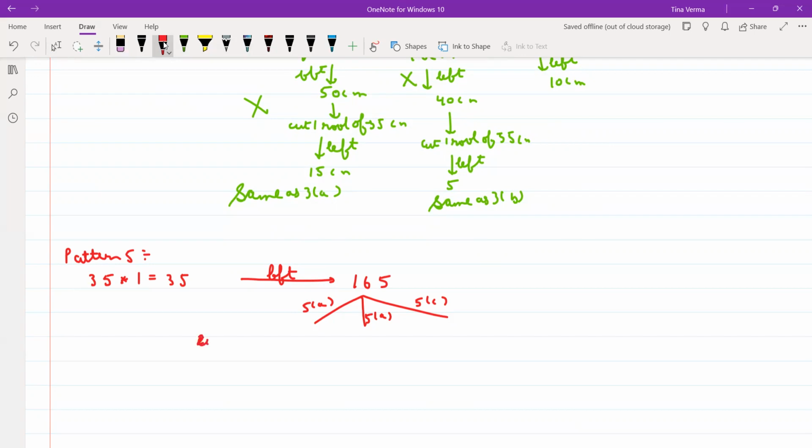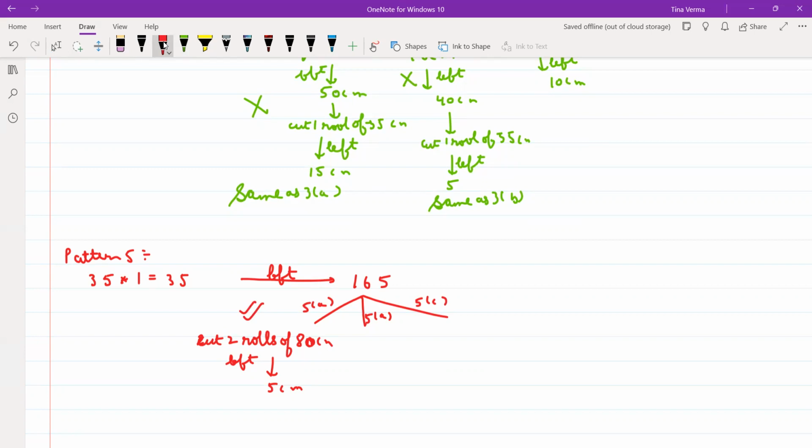So cut 2 rolls of 80 centimeter. Then I am left with 5 centimeter. And this pattern we have not discussed earlier, that I have taken 35 centimeter roll as 1 roll and 80 as 2 rolls. That means this is my new pattern, 5A.